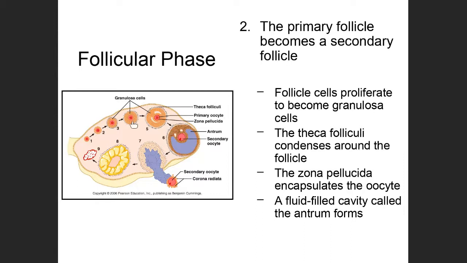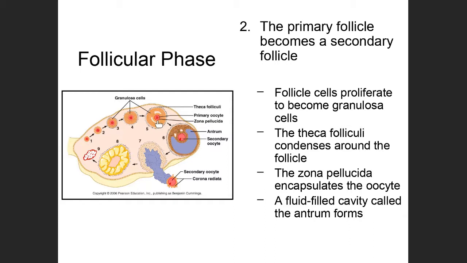If you look inside at the oocyte itself, you'll notice that, at least over here, you can see it a little bit more clearly. There's kind of a dark red membrane that has also condensed around the oocyte, or the egg itself. This is known as the zona pellucida. It's often just referred to as the zona. It is going to be there surrounding the oocyte even following ovulation of that oocyte.